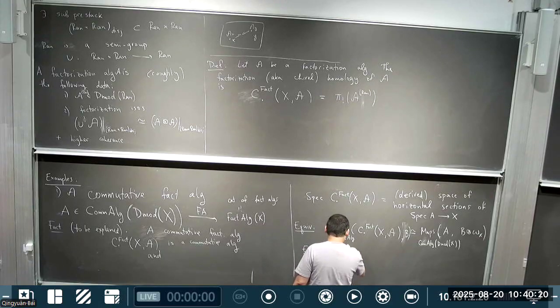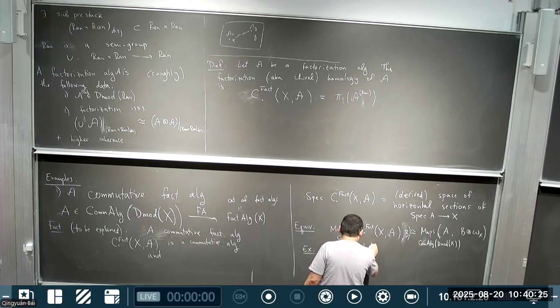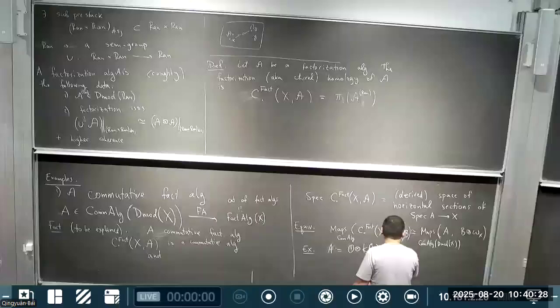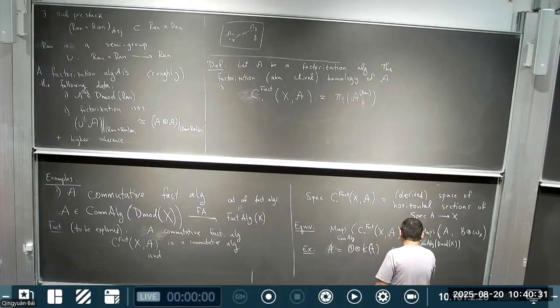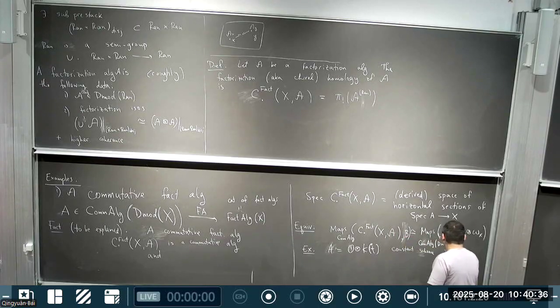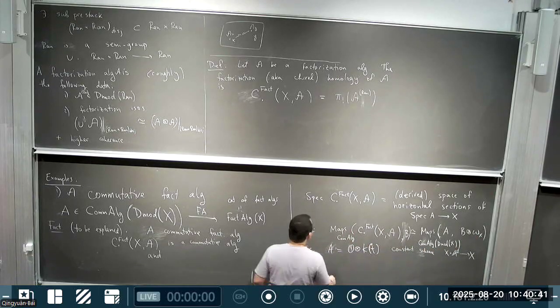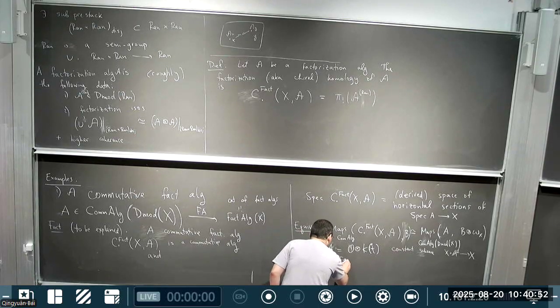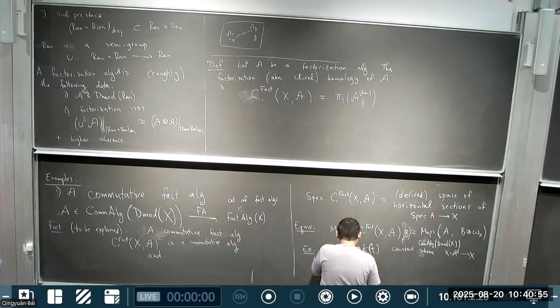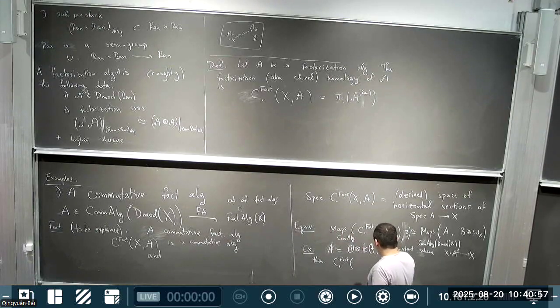Sure. I'll take A to be O tensor the adjoint T, the constant scheme A1 over X. In this case, let's compute the chiral homology of this thing.